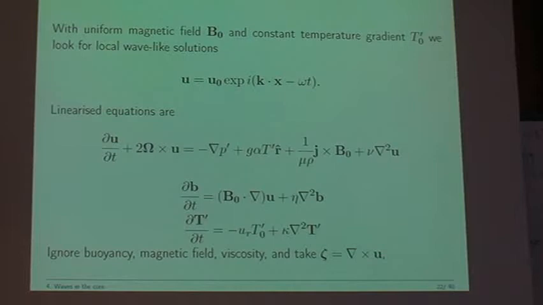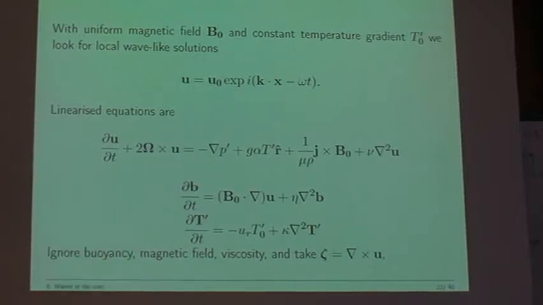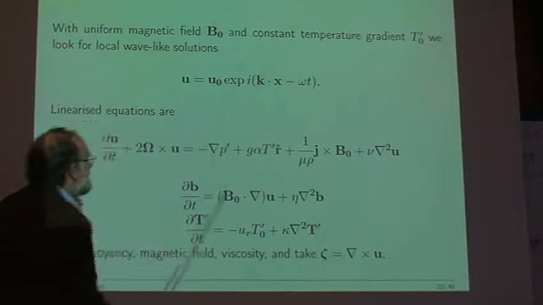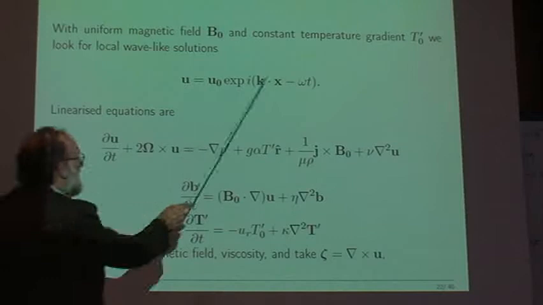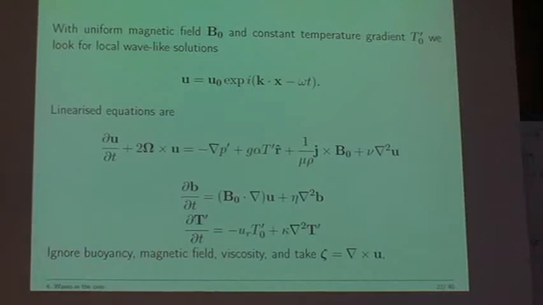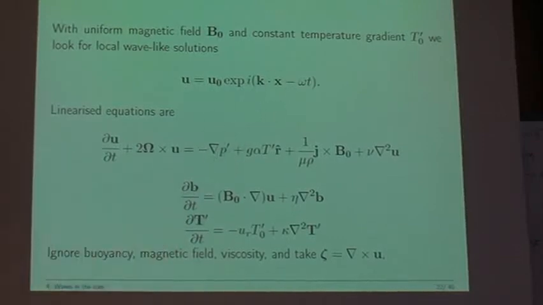So locally, we have a constant temperature gradient and a constant magnetic field, and you look for solutions of a particular form, and what sort of dispersion relations come out, what relationships between omega and k you actually get. That's an extremely instructive thing to do.